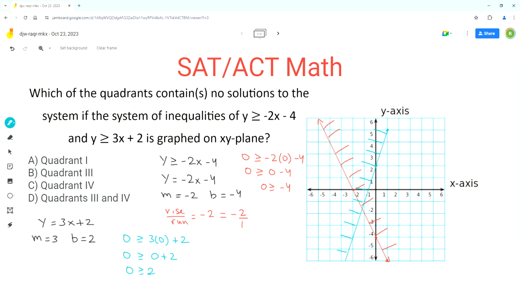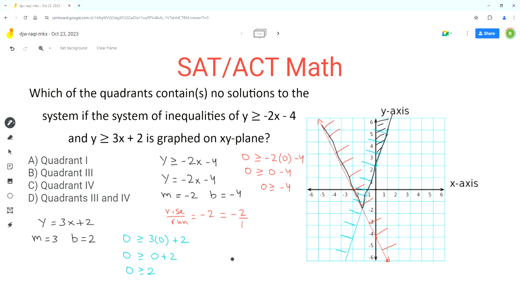The solution for this system of linear inequalities is the part of the xy plane in which both inequalities hold true, and that is this part of the xy plane. And we can see a part of this area lies in quadrant 1, this part here.